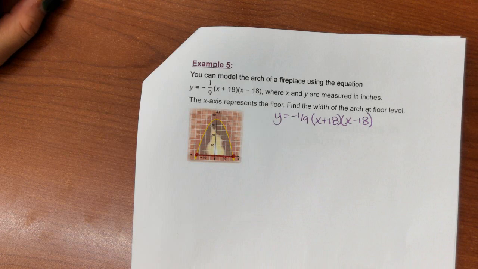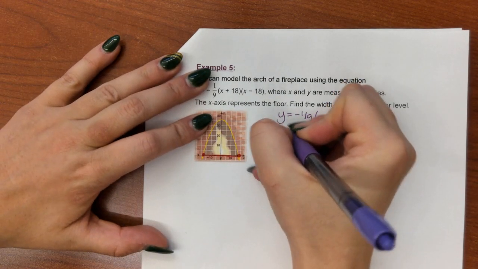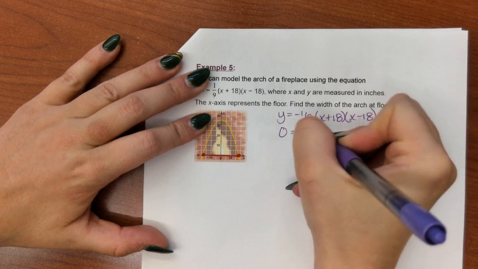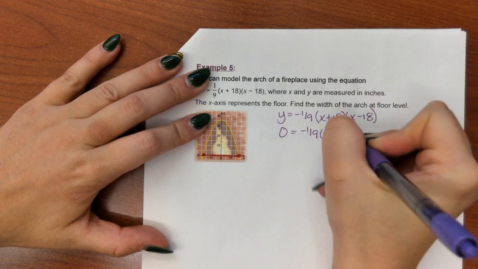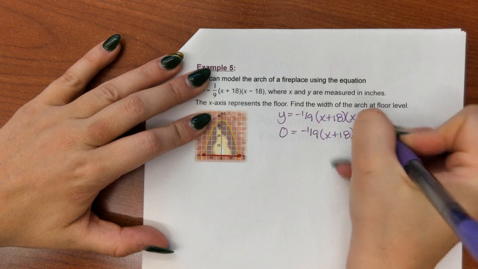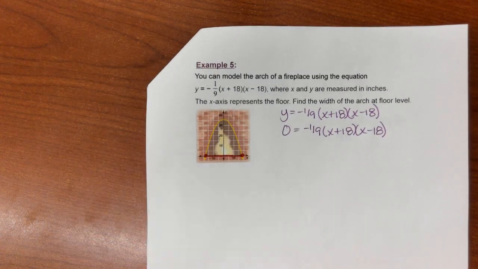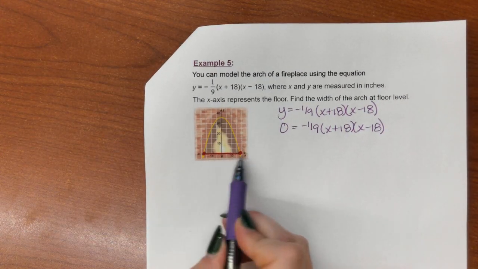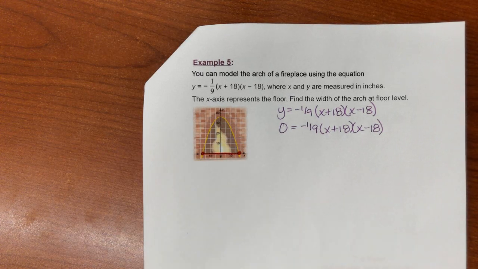Y is a variable. I can make that variable whatever I want it to be. So I'm going to make it 0. Also, if your y values are 0, that means you are on the x-axis, which is what I want in the first place, because I want my x-intercepts. Now you may be starting to see why these words, solutions, x-intercepts, zeros, are interchangeable.